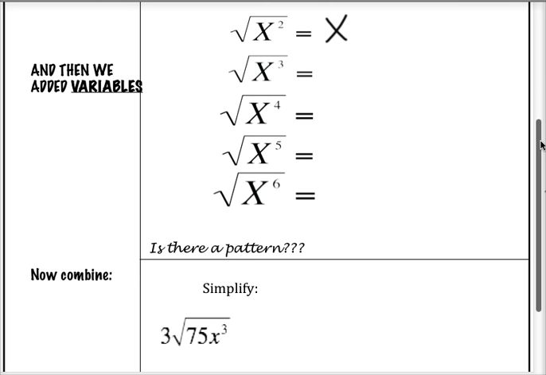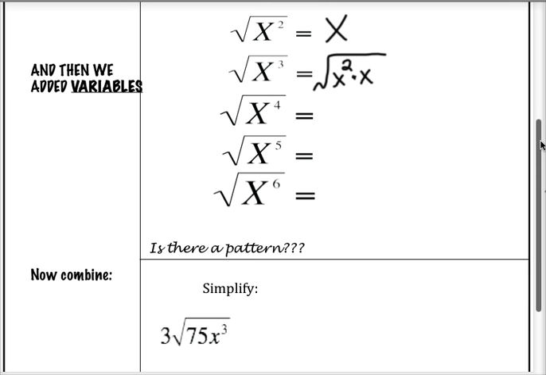So x cubed. Well, what I want you to consider, x cubed is really x squared times x, correct? So what we want to do is break it apart into groups of x squareds. In this case, we can separate it into x squared and x to the first, because 2 plus 1 gives us the 3.